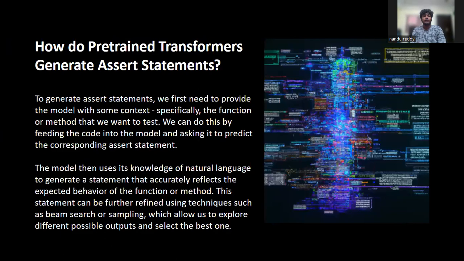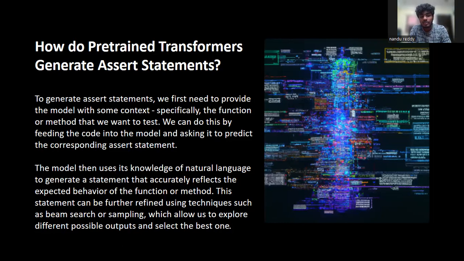How do pretrained transformers generate assert statements? To generate assert statements, we first need to provide the model with some context, specifically the functions or methods that we want to test. We can do this by feeding the code into the model and asking it to predict the corresponding assert statements.